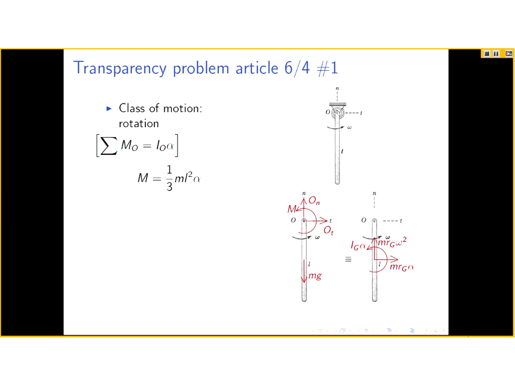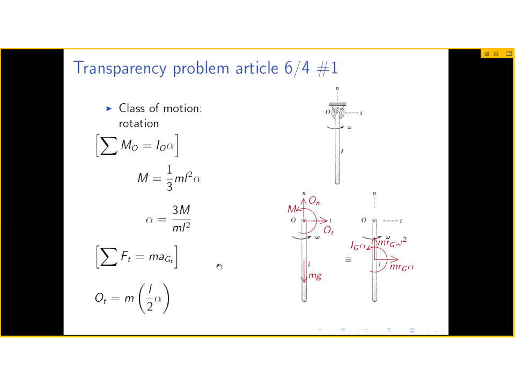So this is then I sub O. And then from this equation, I can solve for alpha. Alpha is the only unknown here because M, the couple, is considered to be a known value. It's the parameter in terms of which we're going to solve the problem. So we can solve for alpha as 3M over ml squared.